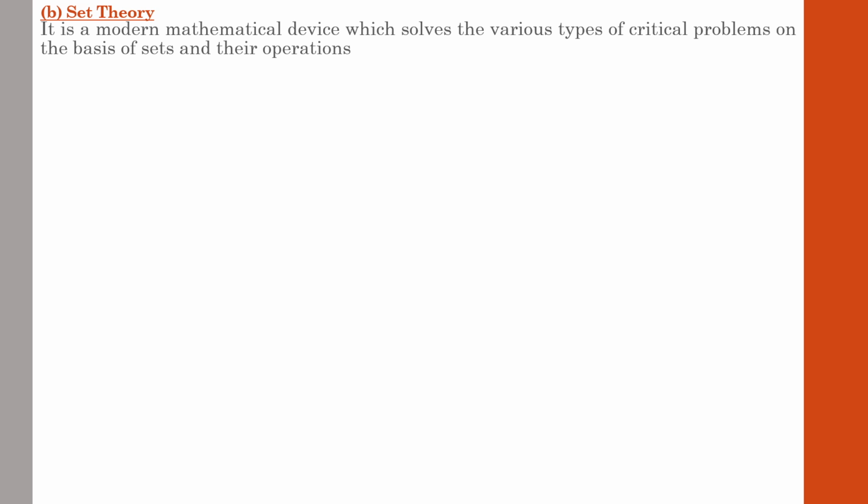And regarding why categorization can help in problem solving, once you categorize a certain group of items, it will be very helpful in solving the issues or problems relating to that particular group as a whole. That is the concept of set theory, and we will discuss in detail the aspect of set theory in the coming sessions. Then you will get a clear picture regarding the term set theory.